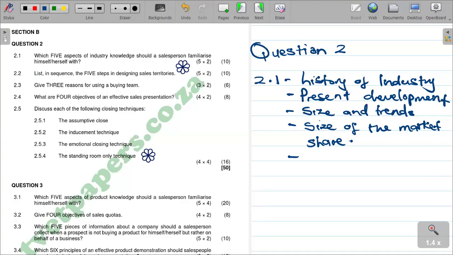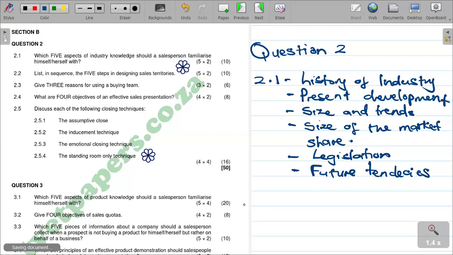Also the legislation that applies in that industry. And lastly, the future tendencies in the industry.